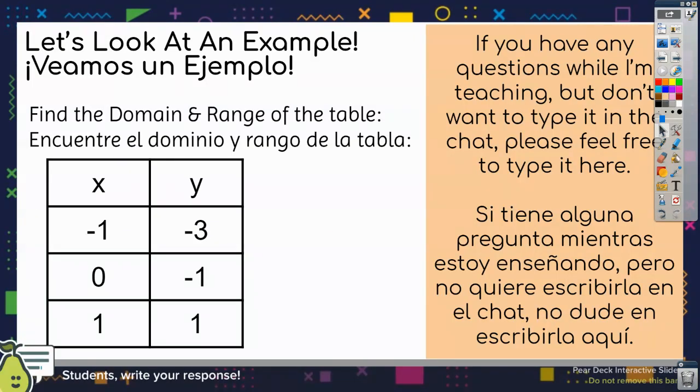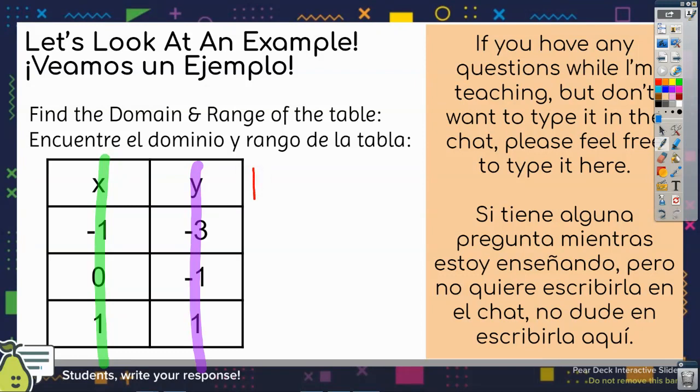I have this table here. My X values are my domain. My Y values are my range. How do I write that? This is how we do it.